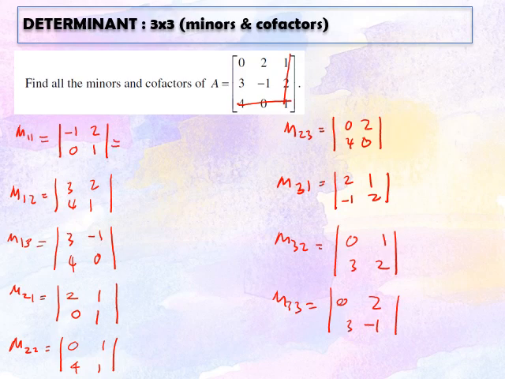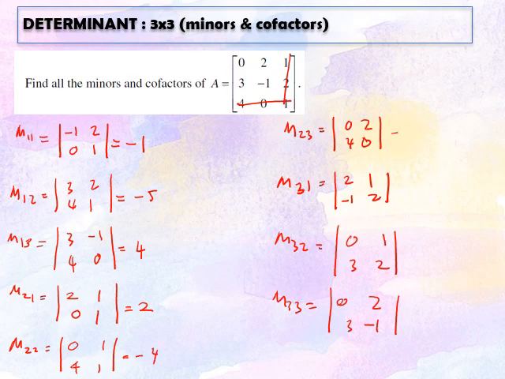So here is negative 1 minus 0 is negative 1. Here is 3 minus 8 is negative 5. Here is 0 minus negative 4, which is 4. And here is 2 minus 0, so it's 2. Here is 0 minus negative 4, which is equal to 4.